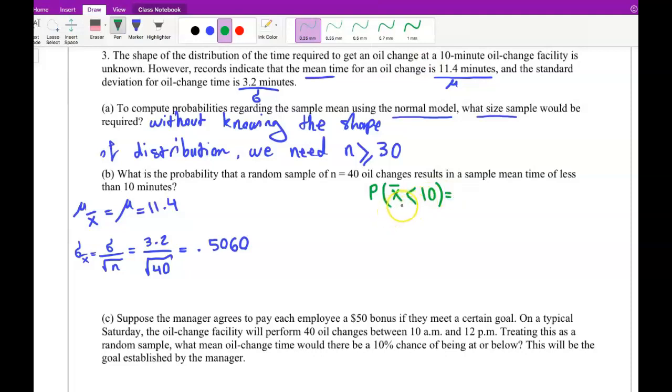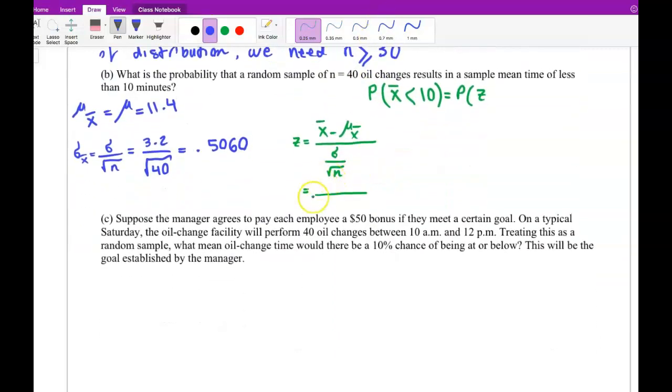Okay, so again, to find the answer for this part, we need to find z. z is x bar minus mean divided by standard deviation, so x bar 10 minus mean 11.4 divided by 0.5060. So here it is negative 2.77.